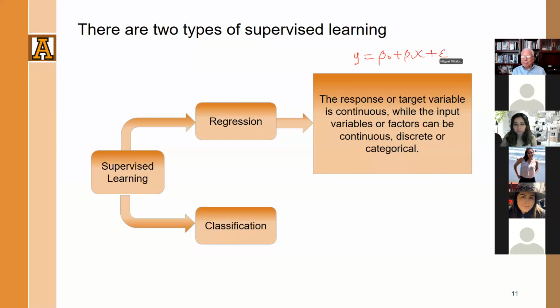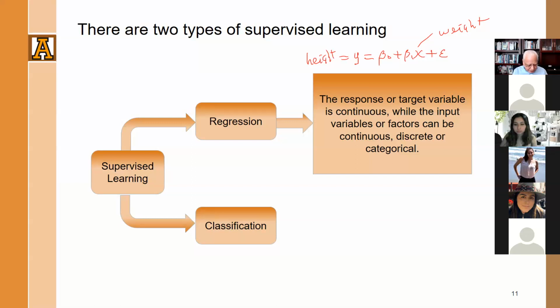That's the simple linear regression case, where I only have one variable. My response y is height and x is weight. So I may want to relate height with weight through this linear model. That's a regression because my response is continuous.